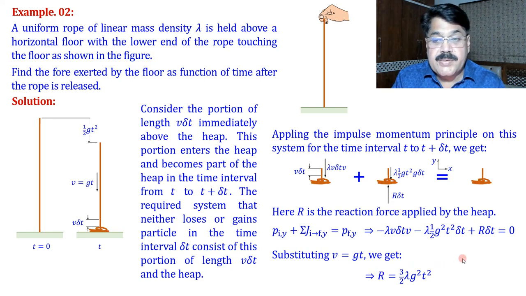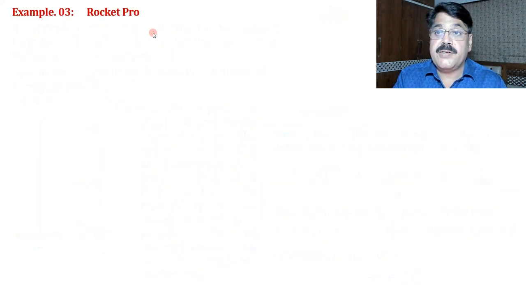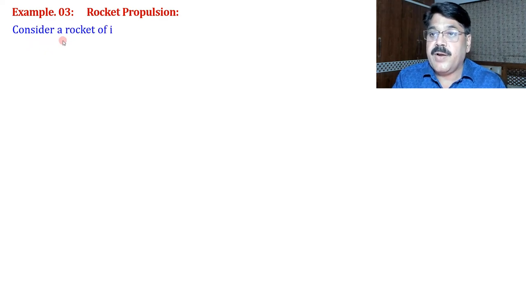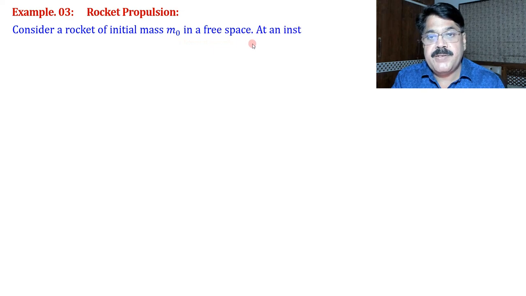Now, let us come to another very important idea: rocket propulsion. A rocket is a system which is continuously losing mass to its surroundings. So, example 3, rocket propulsion. Consider a rocket of initial mass m0 in free space.